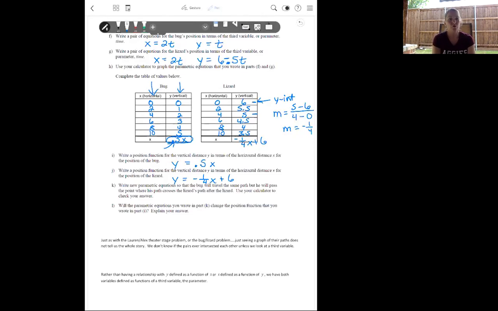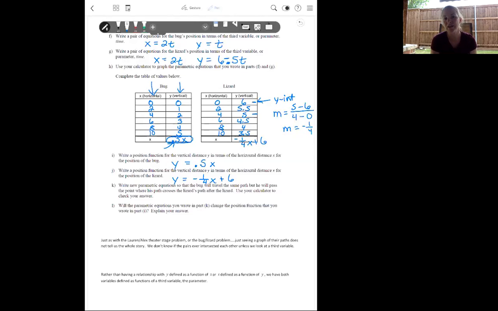K. Write new parametric equations so that the bug will travel the same path, but he will pass the point where his path crosses the lizard's path after the lizard. Use your calculator to check your answer. Okay, so now bug needs to cross that same path after the lizard. So what we need to change is t. I need to slow him down.